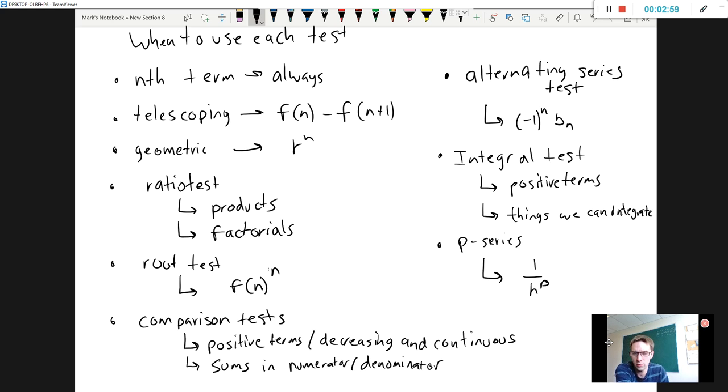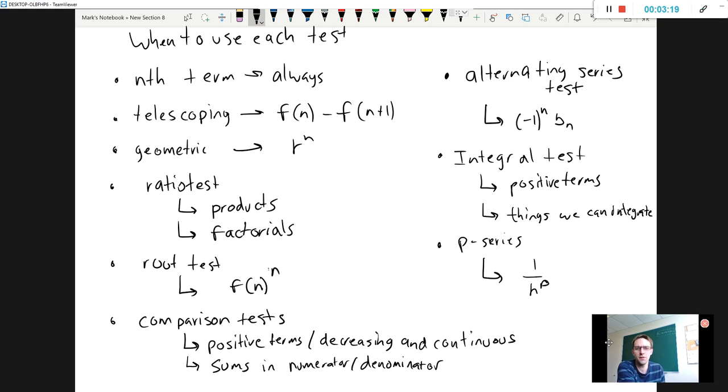But if we have a really, really complicated function, or we have factorials or many different exponentials combined with n's, then potentially the integral test is not going to work. And then lastly, we also had the p-series, which was really just a corollary to the integral test. And that showed us that when we have 1 over n raised to a p, we know the answer.